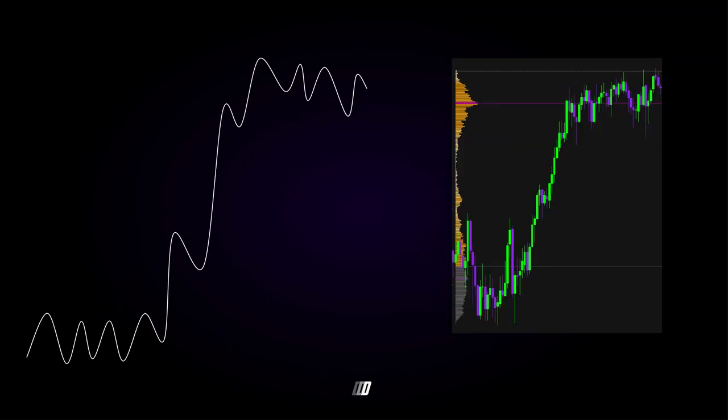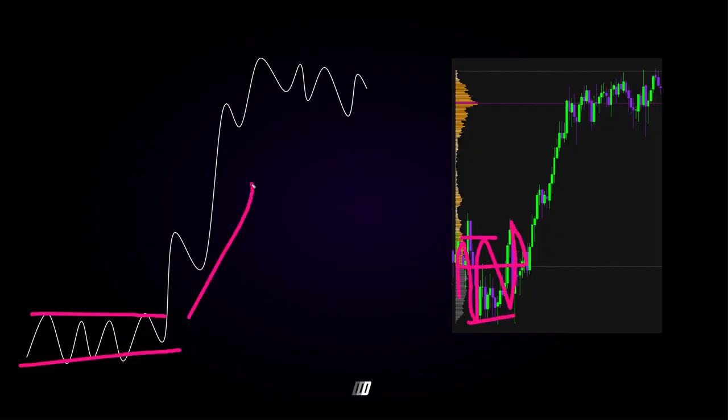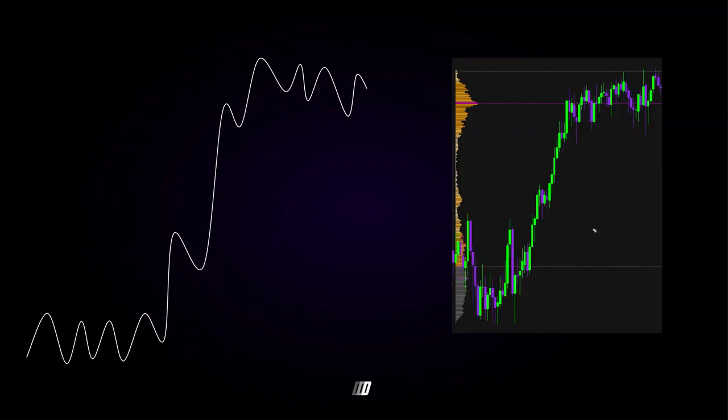Then you're going to find situations where you have the market starting from a situation of balance, okay, and then pumping up. And you'll see high volume during the breakout, maybe a pullback. That's a great idea, and if you want to take a breakout trade, this is a good setup.